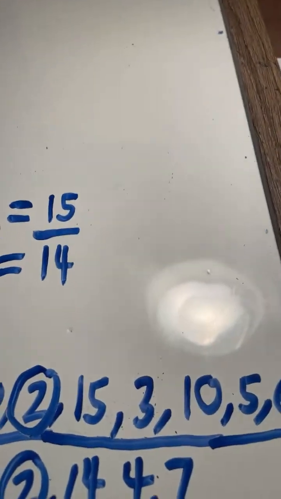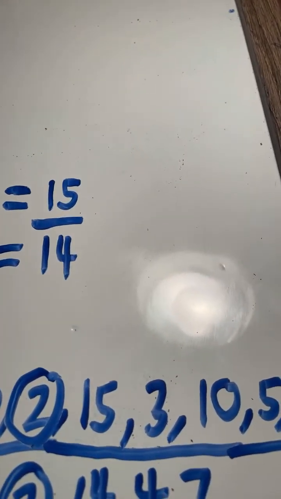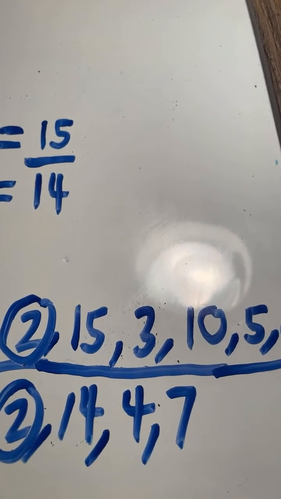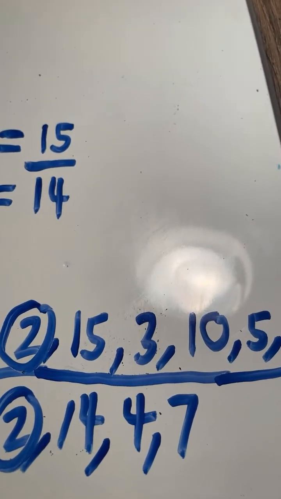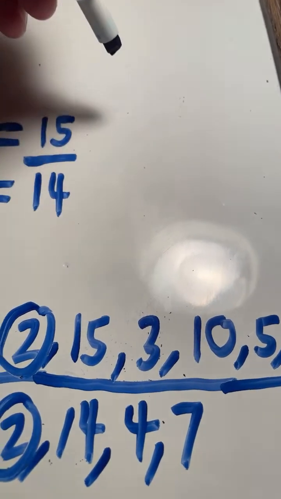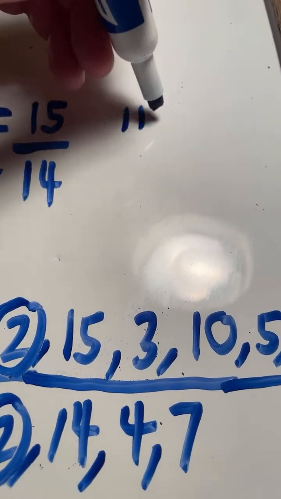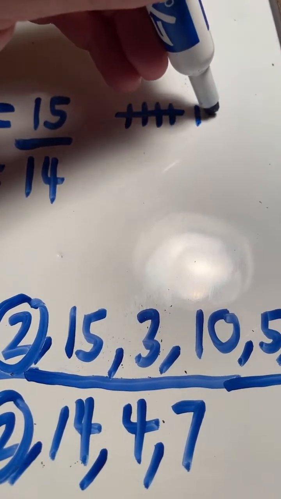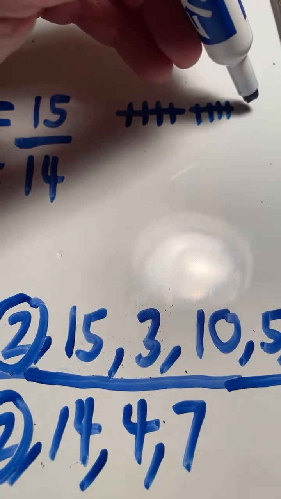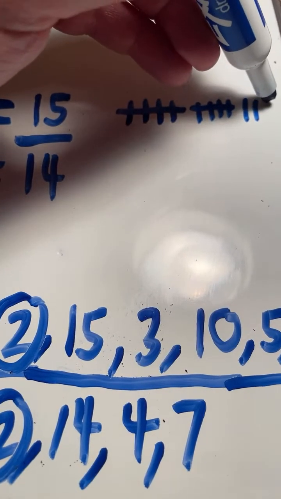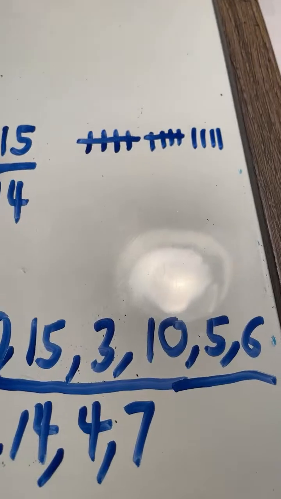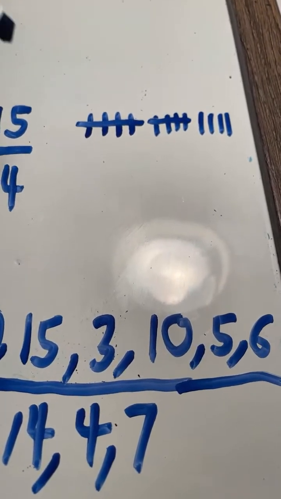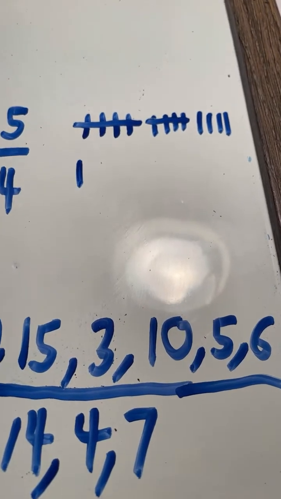Now, next step, we want to convert 15/14 into a mixed number. So I'm going to make 15 total tallies, and I'm going to make them in rows of 14. So here we go. 1, 2, 3, 4, 5, 6, 7, 8, 9, 10, 11, 12, 13, 14, 15.